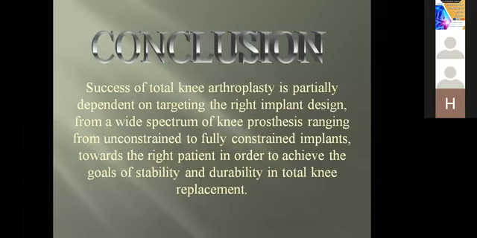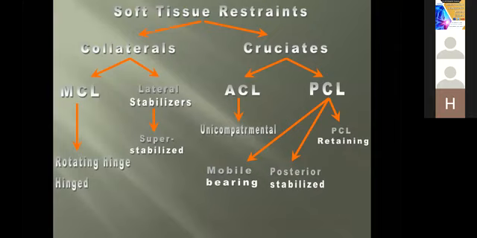In conclusion, success of total knee arthroplasty is partially dependent on targeting the right implant design from a wide spectrum of knee prostheses, ranging from unconstrained unicompartmental to fully constrained implants, towards the right patient in order to achieve the goals of stability and durability in total knee replacement. Soft tissue restraints: collaterals on one hand, cruciates on the other.